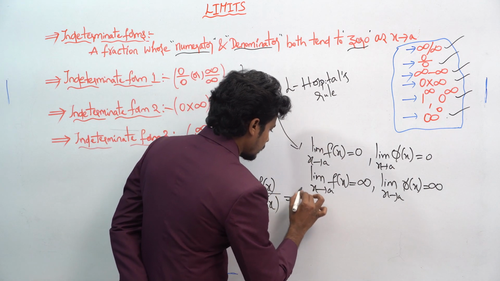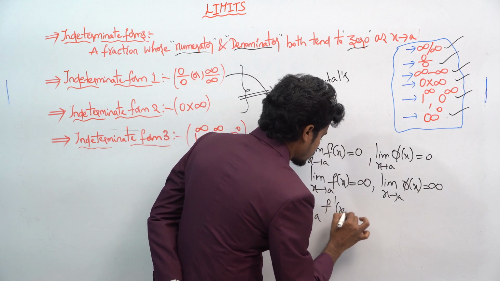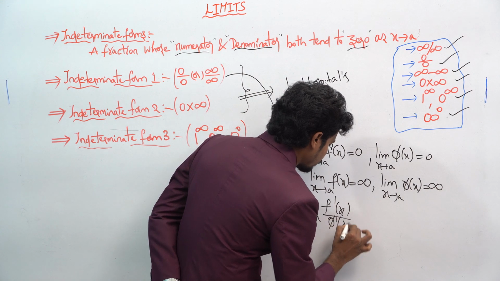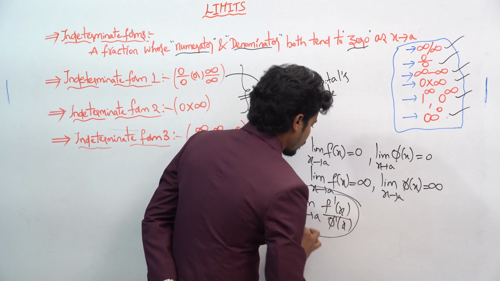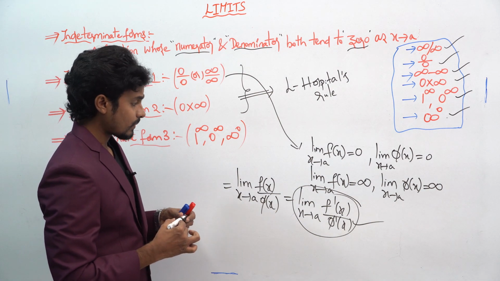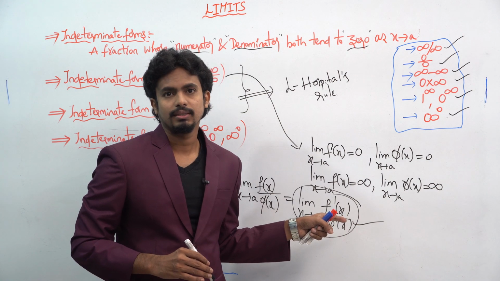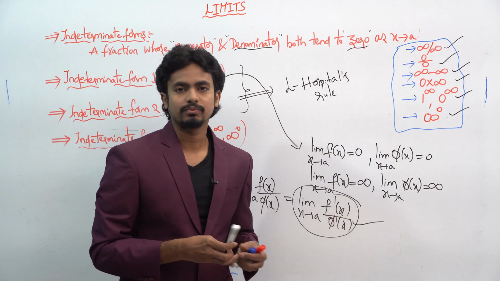This will become limit x tends to a of f dash of x divided by phi dash of x. Dash of x means you have to derive it. That will be the derivative.